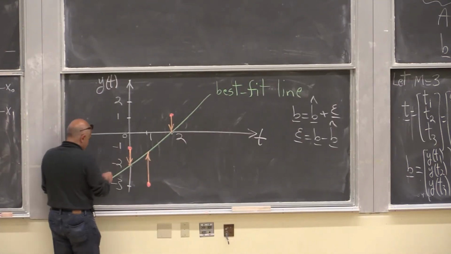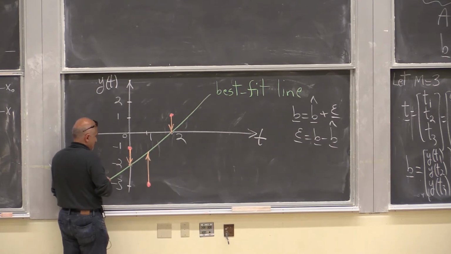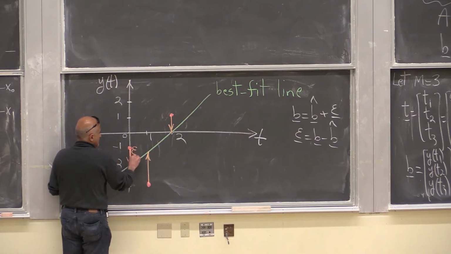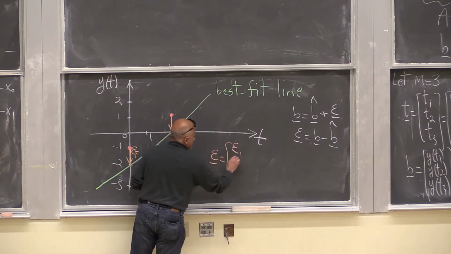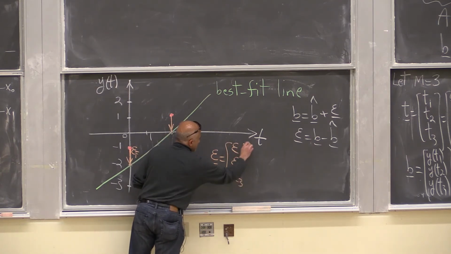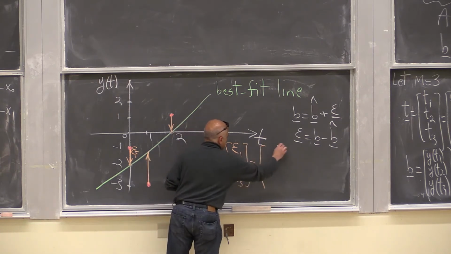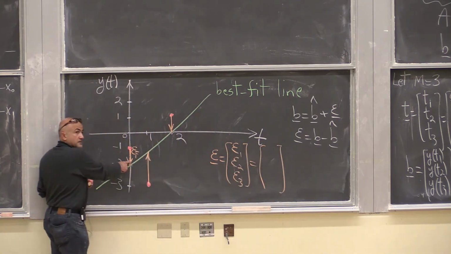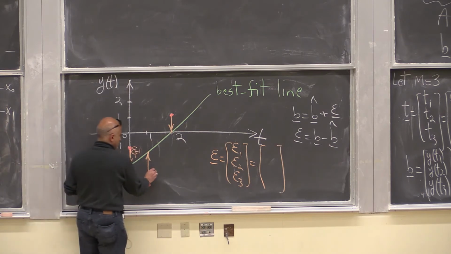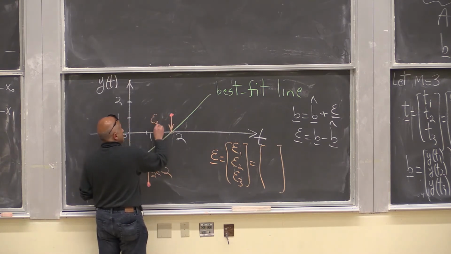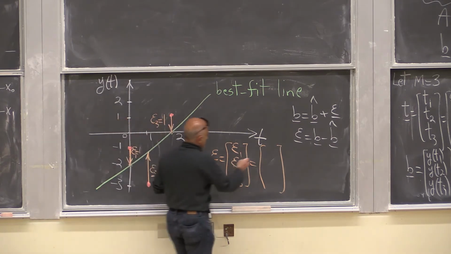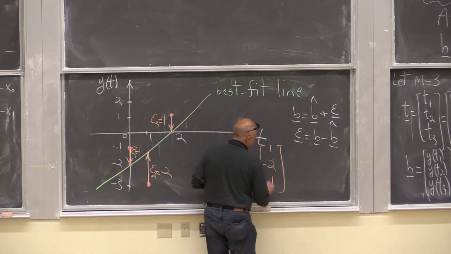So what's the error here in terms of magnitude? Epsilon 1. If I were to write this as a vector, epsilon 1, epsilon 2, epsilon 3, what would it be? What's this one? 1. What's this one? Negative 2. And this one? 1. 1, negative 2, 1.